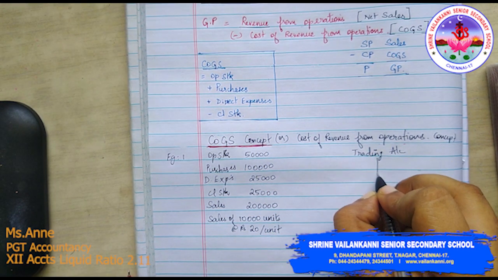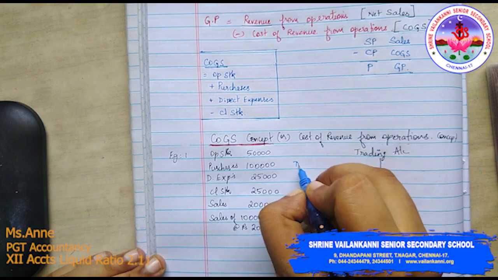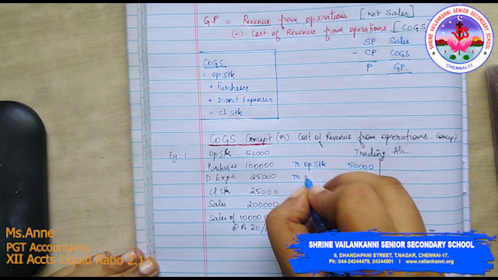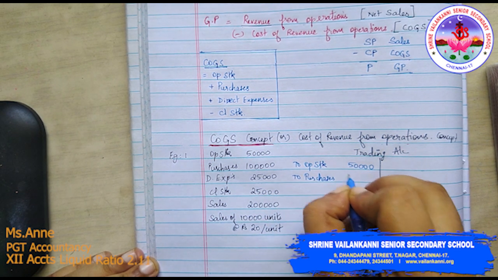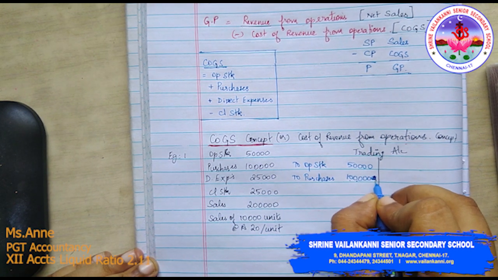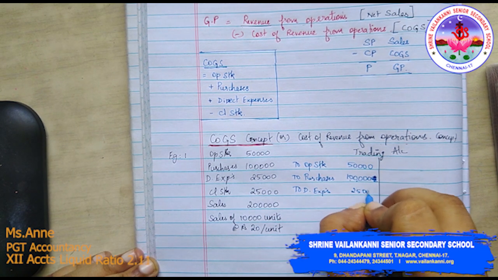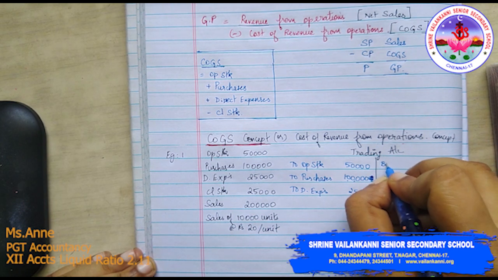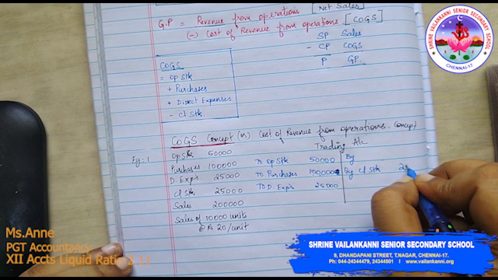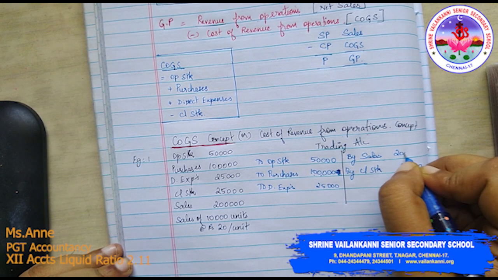To opening stock 50,000, to purchases 1 lakh, to direct expenses 25,000, by closing stock 25,000, sales 2 lakhs.